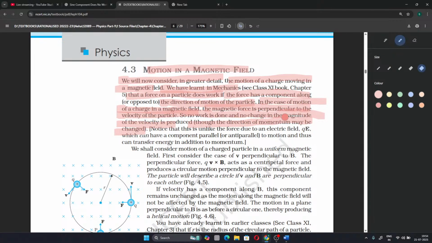The magnetic force is perpendicular to the velocity of the particle, so no work is done and no change in magnitude of velocity is produced, though the direction of momentum may be changed. Notice that this is unlike the force due to an electric field qE, which can have a component parallel or anti-parallel to motion and thus can transfer energy in addition to momentum.